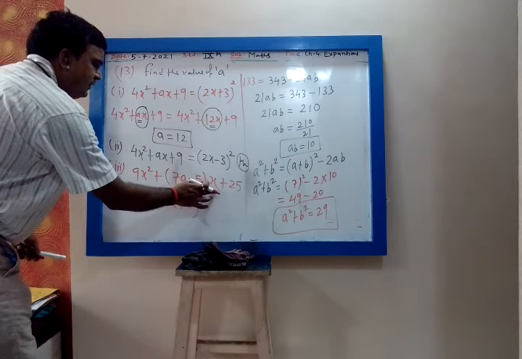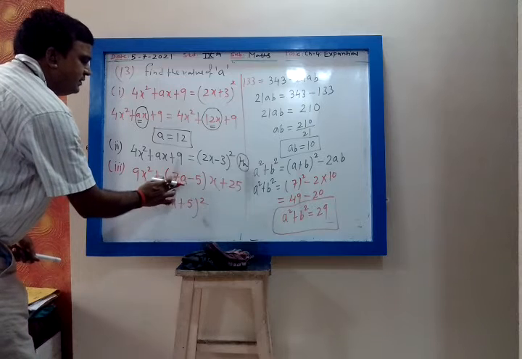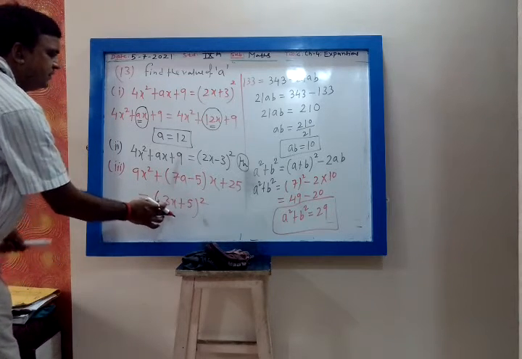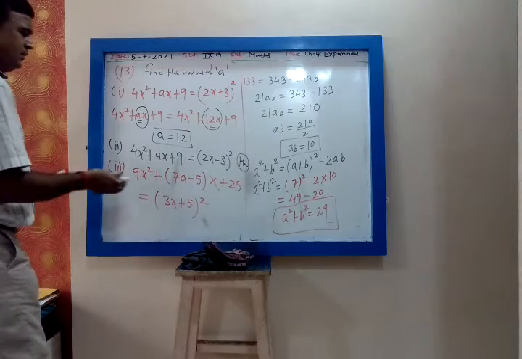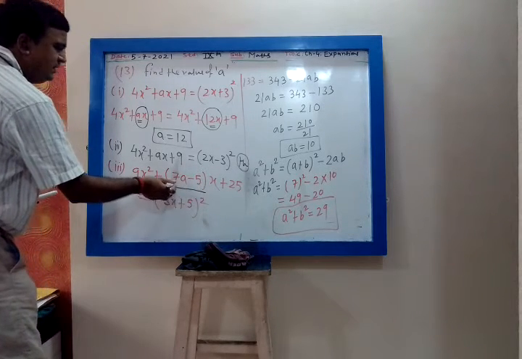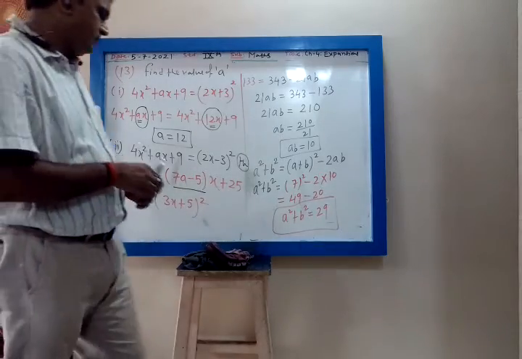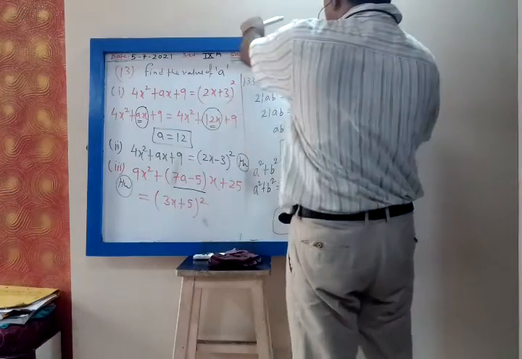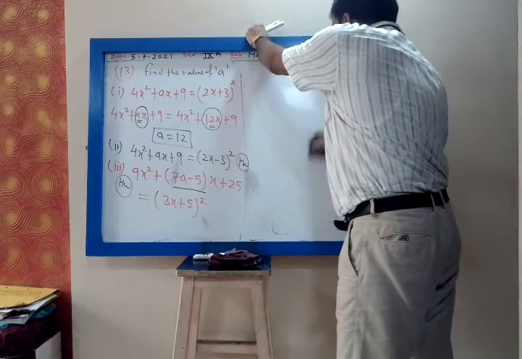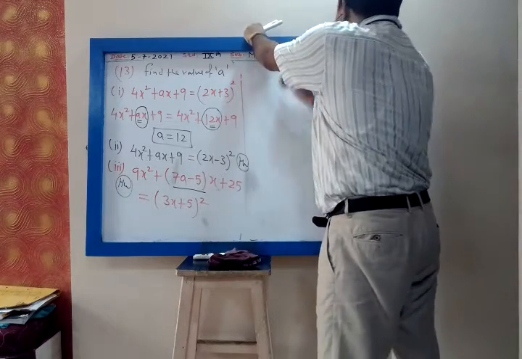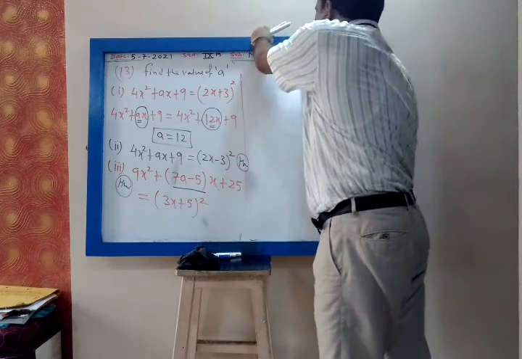Then the coefficient of x is 7a minus 5, and that coefficient of x will be equal to the coefficient of x on the other side. Okay, understanding this part? Complete it, you will take. So this will be homework. To find a, you have to compare the coefficient of x on both the sides. That's all. You will get the value of a.